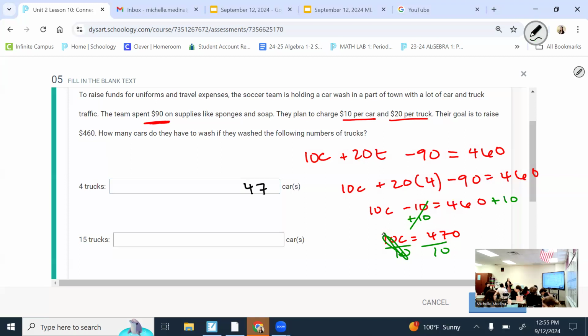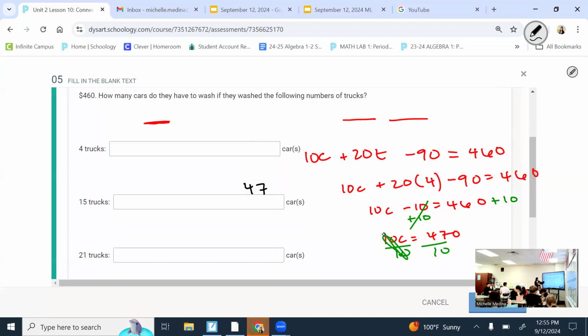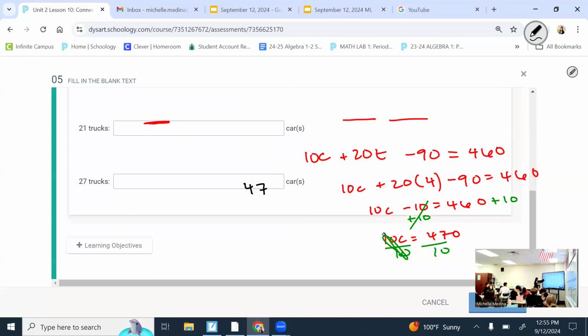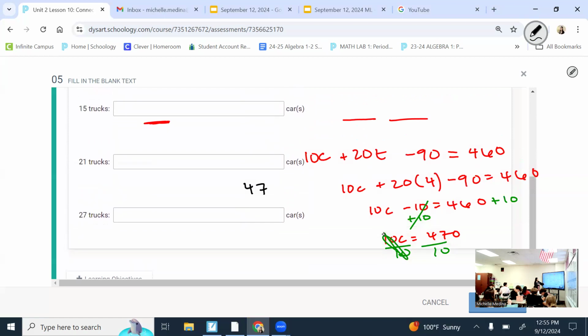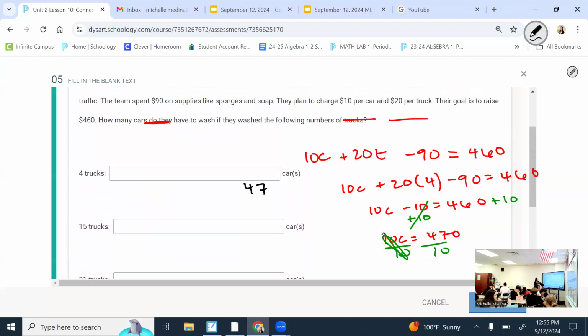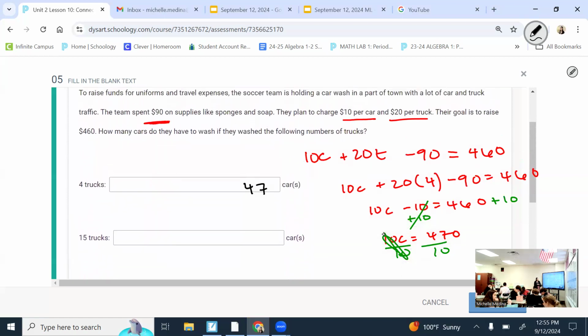Does that help? Do you think you can figure out the rest, or do you need to see another one? Let's see if there's another variation. Okay, so these are all trucks. So all you're changing each time is the value of T. And if you do what we did the other day with the rearranging, you can make it even easier if you have the C isolated from the beginning.